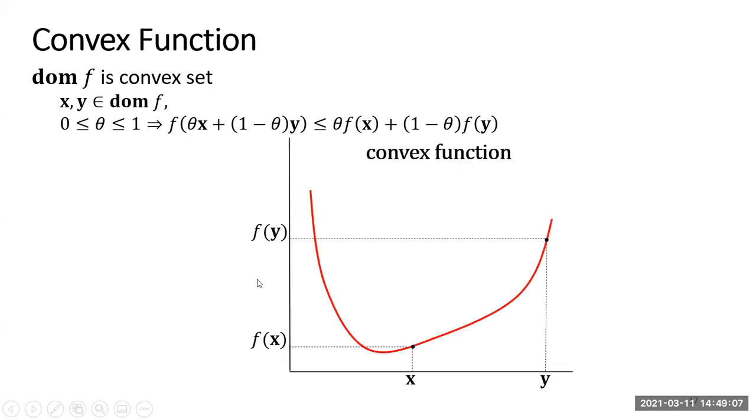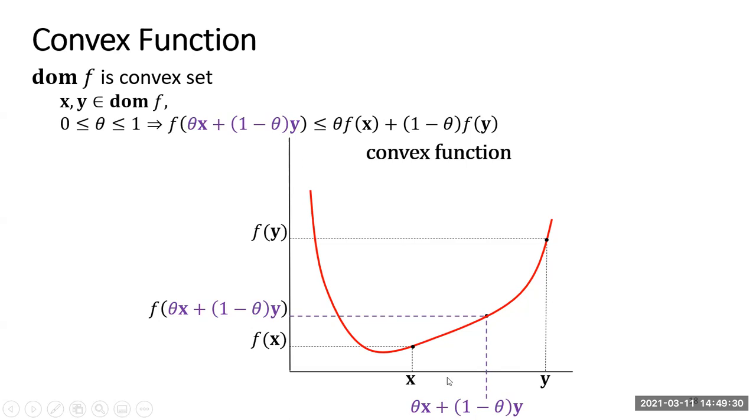Here is an example where the domain is one-dimensional. So I take a pair of points, x and y. Let's look at the left-hand side first. This is theta x plus 1 minus theta y, this point here.